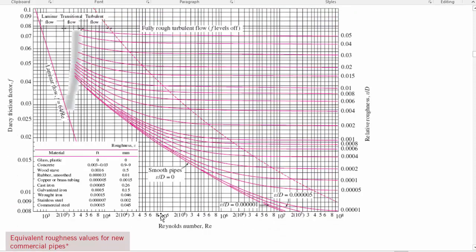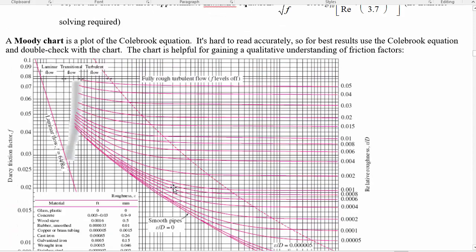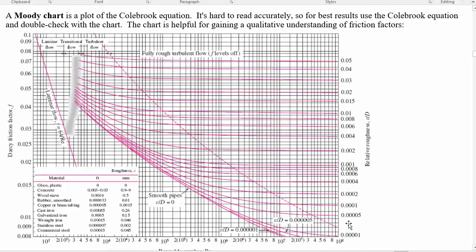At a Reynolds number of 100,000 here, it doesn't make very much difference whether you have a relative roughness of 2 parts in 10 to the negative 4 or 2 parts in 10 to the negative 3, right? So the difference between 0.002 and 0.0002, which would be somewhere around here, is almost nothing on this.